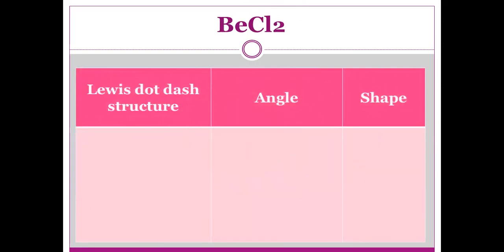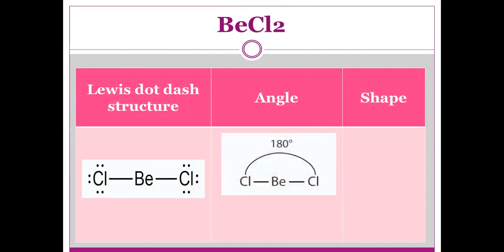The final one is beryllium chloride, which seems to be similar. This is your Lewis structure having the two chlorine bonds, so ultimately the shape is 180 degrees.